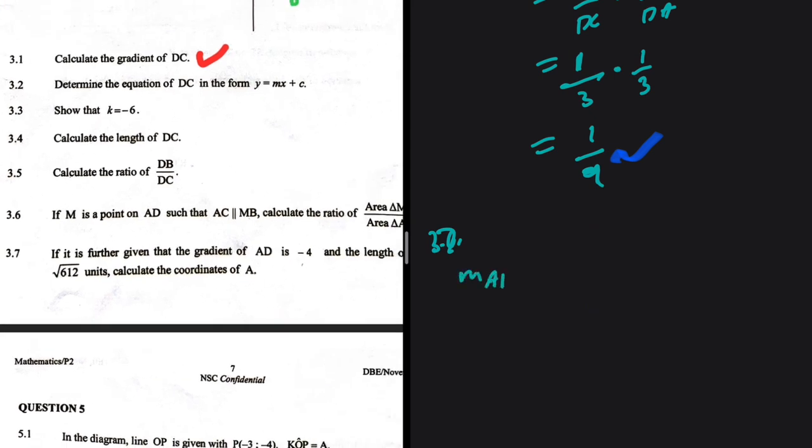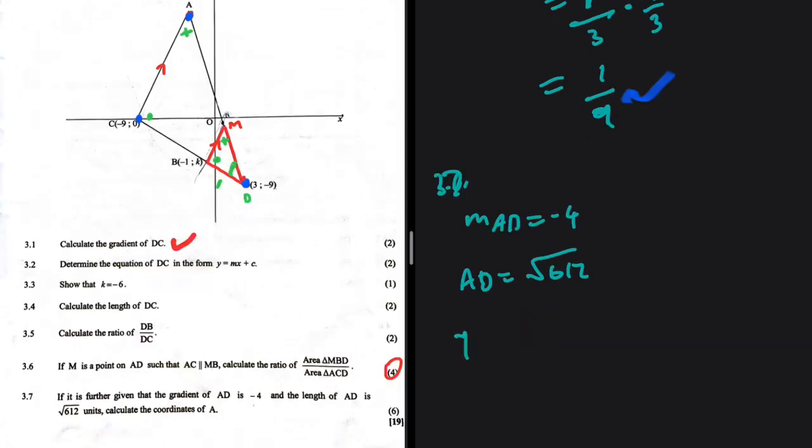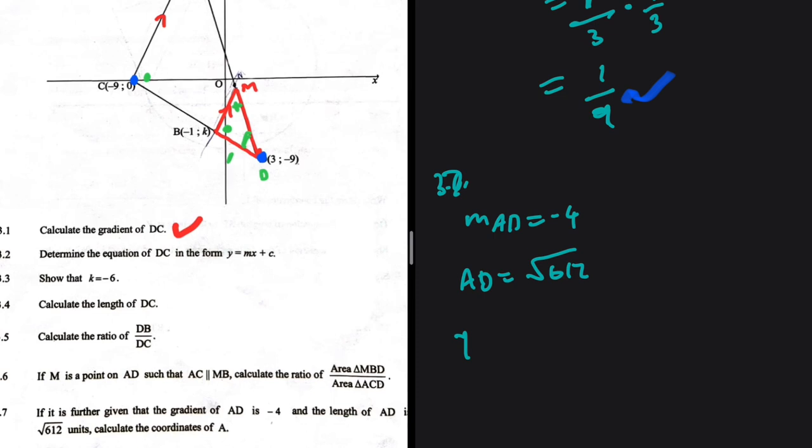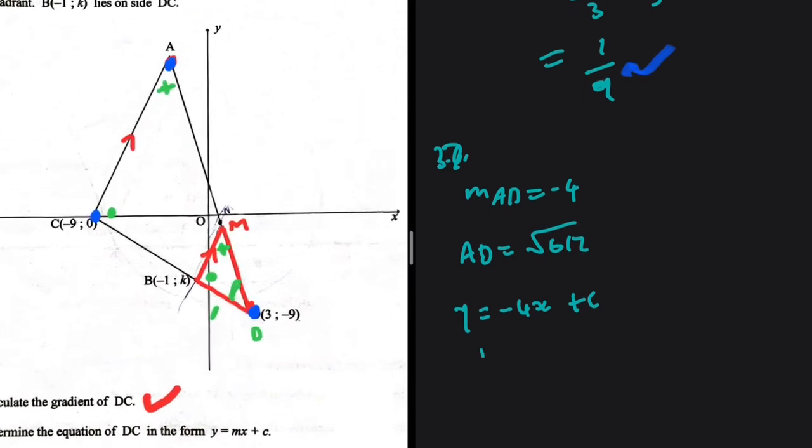It is further given that the gradient of AD is minus 4, and the length of AD is root 612 units. So we can say that y, the equation of AD, is equal to minus 4x plus c. We do have the coordinates of D, which happen to be 3 and minus 9.